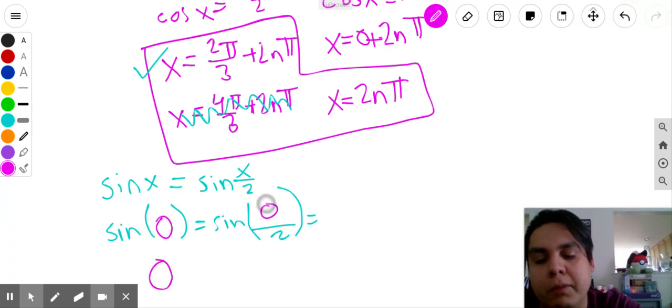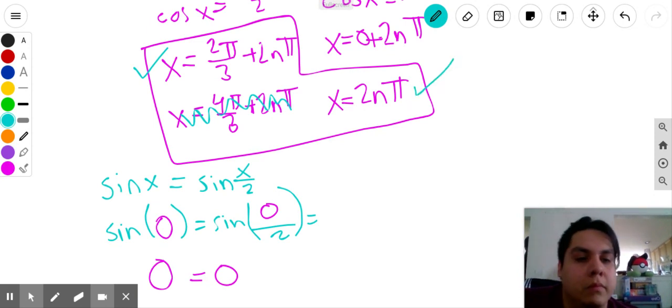Sine of 0 divided by 2 is still sine of 0, which is still 0. So that works. So those are my only two solutions. Be careful with these half angle identities. If you ever square something, check your solutions. Positives and negatives matter.